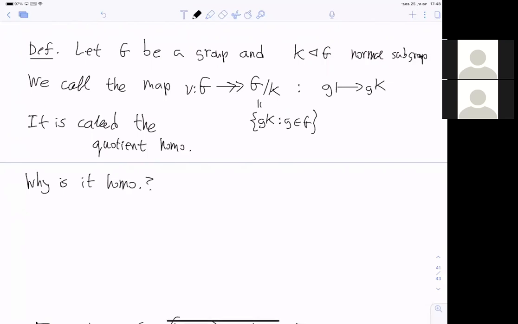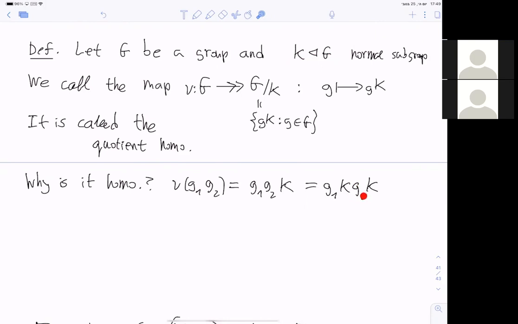So it's very clear because the image of G1, G2 is equal to G1 G2 K, and it is equal to G1 K, G2 K. Why? Because this is G2 K, because it's a normal subgroup.